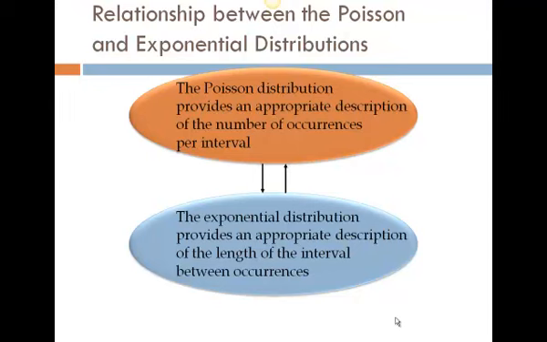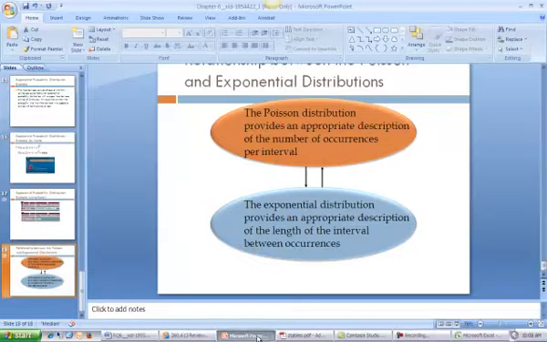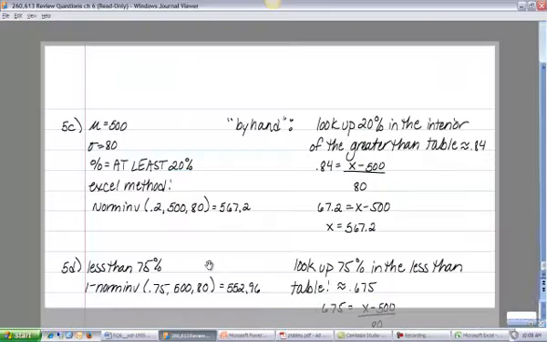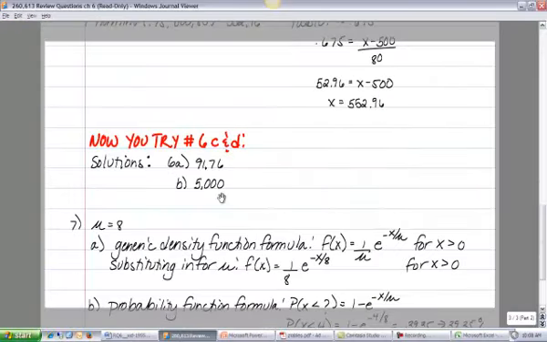So let's look at question number 7. Question number 7 says, the time it takes a worker on an assembly line to complete a task is exponentially distributed with a mean of 8 minutes. So mu is 8.